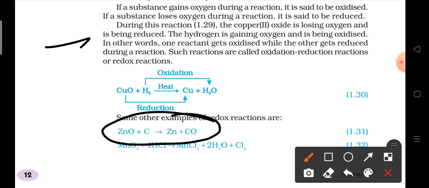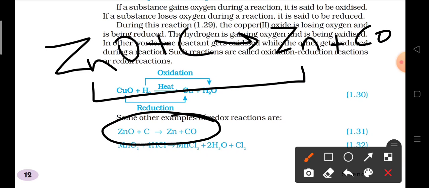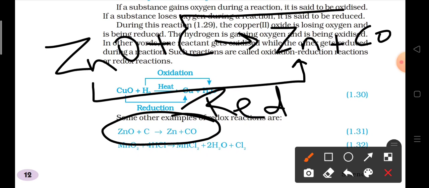Zinc oxide plus carbon leads to the formation of zinc and carbon monoxide. Now here, in zinc oxide there is removal of oxygen, so zinc oxide gets reduced, whereas carbon is getting oxygen, so it gets oxidized.